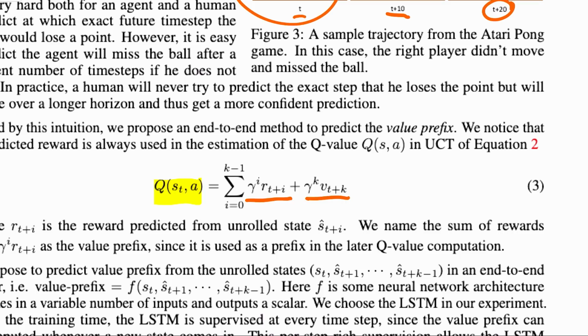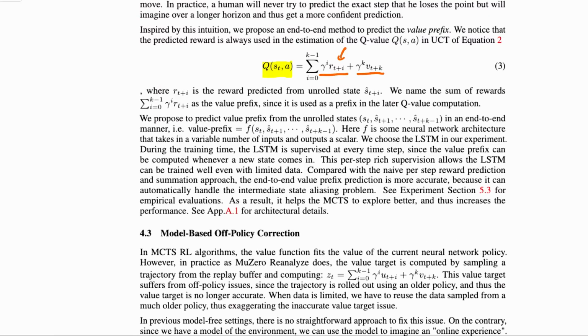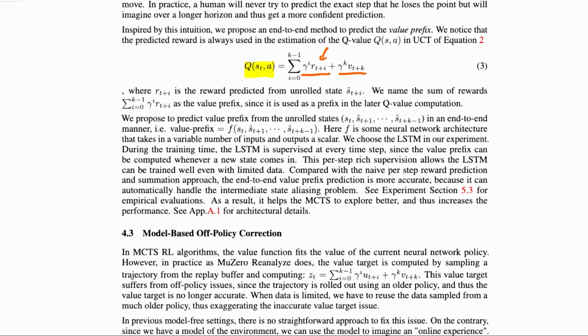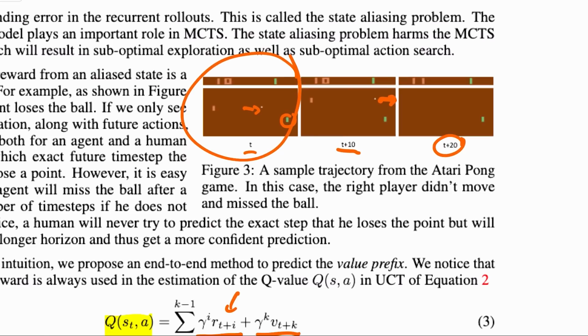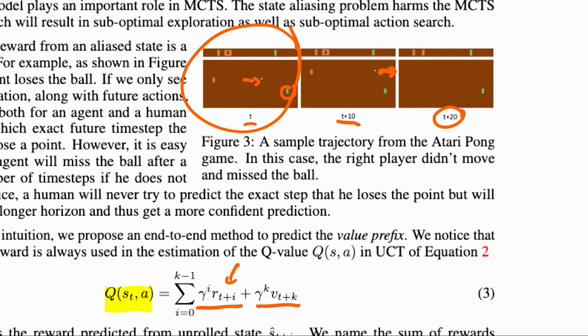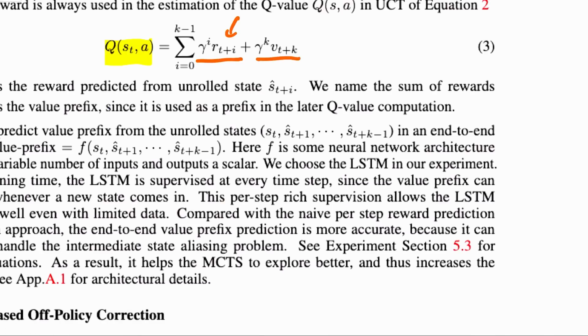And that is very error prone because this sum right here accumulates all the little errors that happen in prediction. And as I said, if we're not exactly sure at which point, that is just one of the examples to show you how hard this problem is of predicting rewards step by step if you look into the future.